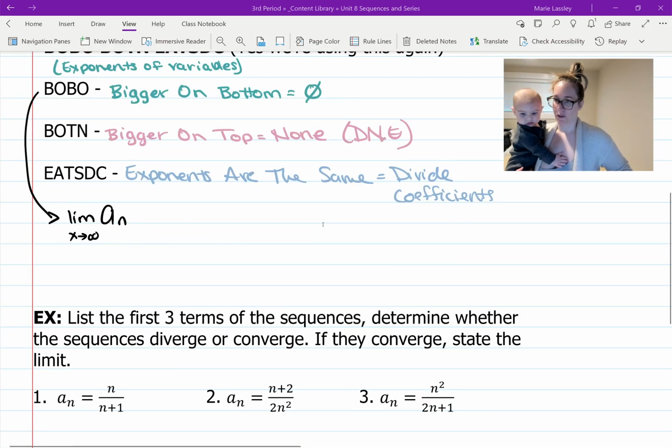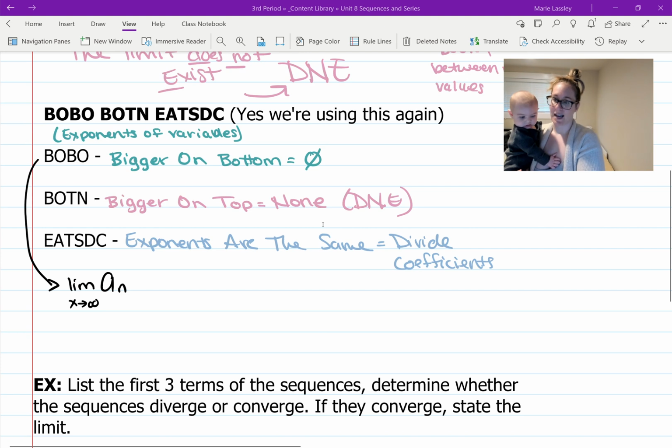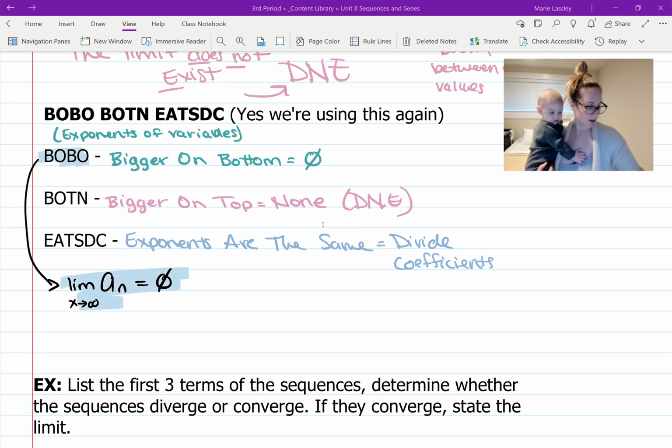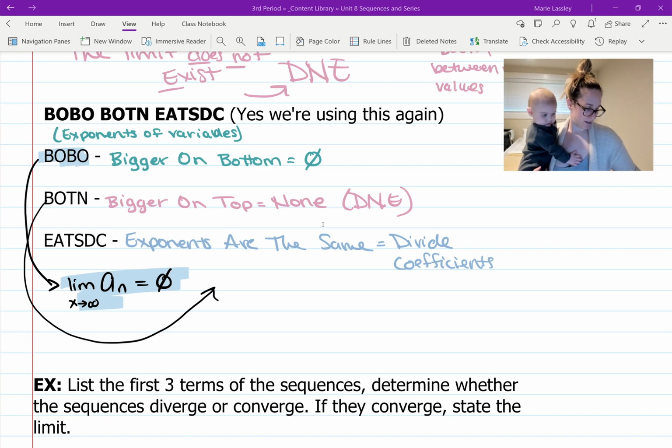For Bobo, we would have the limit as n goes to infinity of a sub n, of a sequence, equals 0. We'll highlight that so we know they match up. For Botten, the limit of a sub n as n goes to infinity will equal DNE, does not exist.